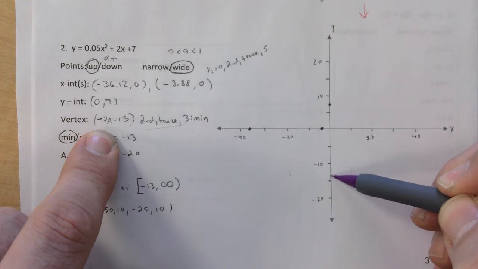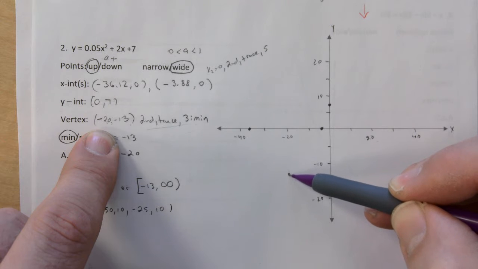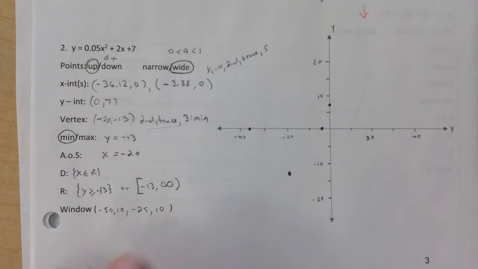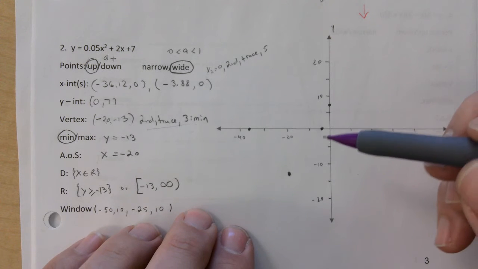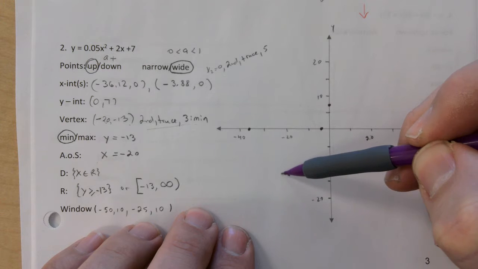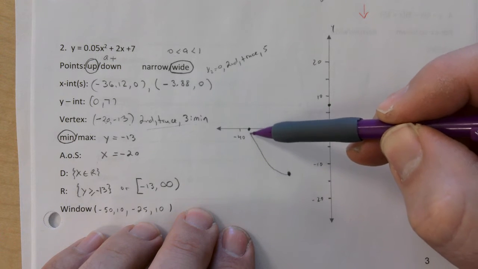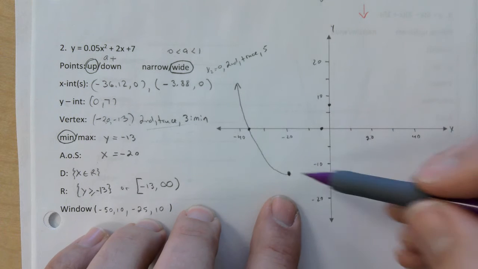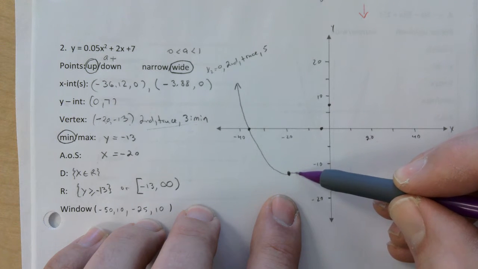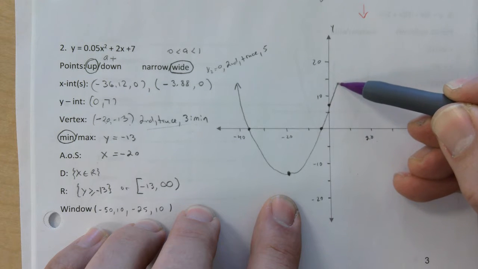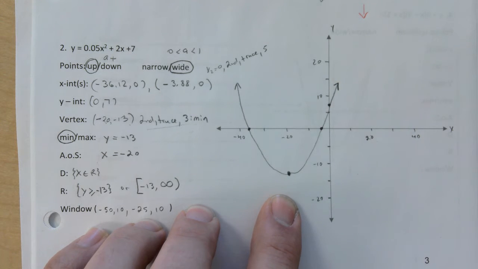This is 15, so 13 is right about there. Okay, and then now you have to be artistic to make this work. So I'm going to go out and over, and this just keeps opening that way, and try to make this work. There you go.